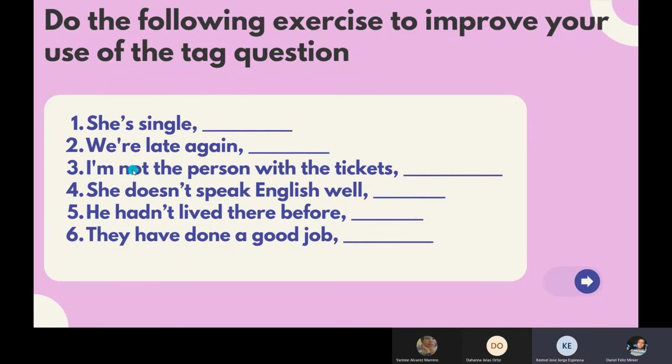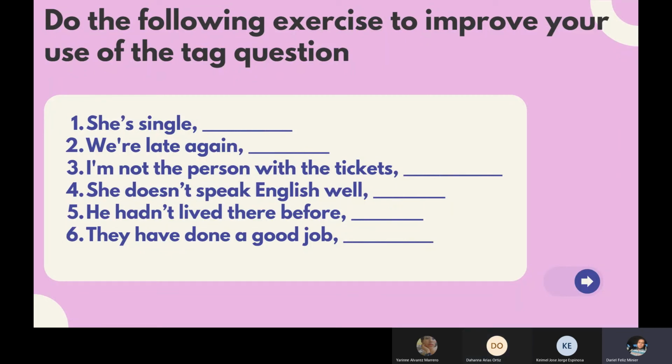Let's see if it is correct. The third one. I am not the person with the tickets, am I? Great. She doesn't speak English well. What is the tag question? In this case, teacher, I think it could be "does she," teacher? Doesn't she.